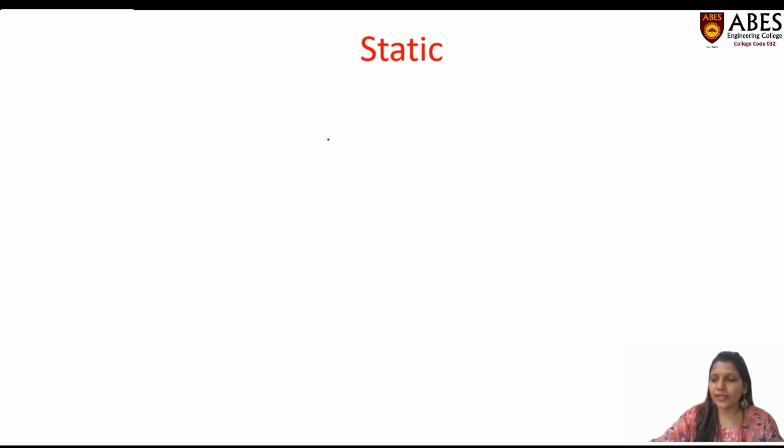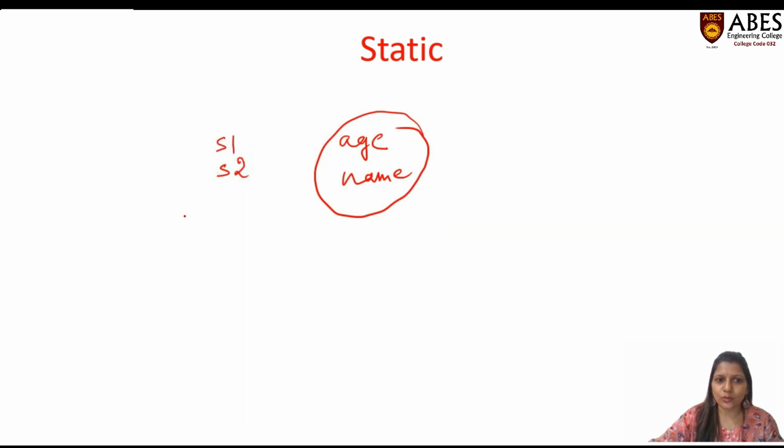Let's suppose we have two instance variables, age and name, and we have two objects, S1 and S2. And we have one static variable, static college name, the university name, is equal to AKTU.